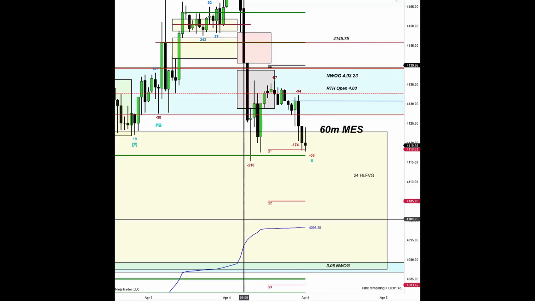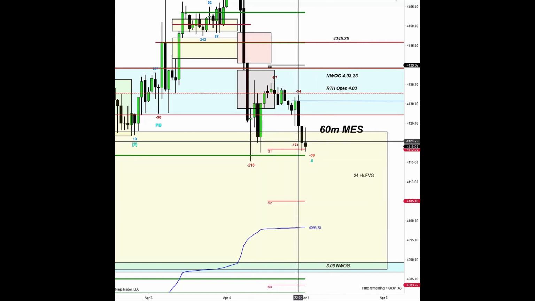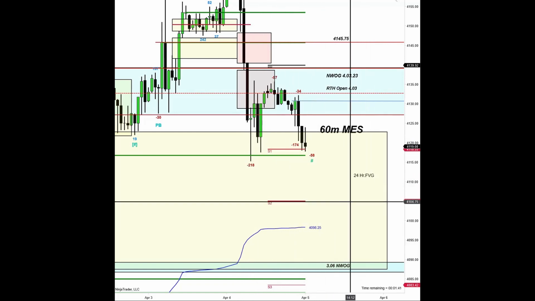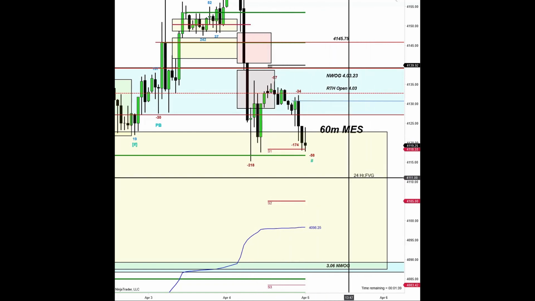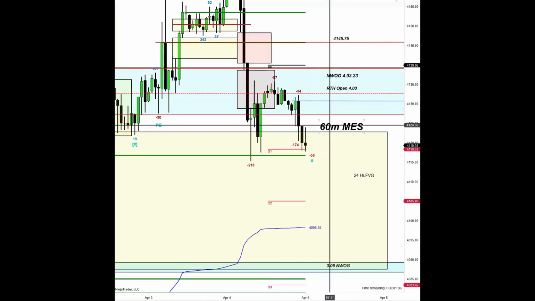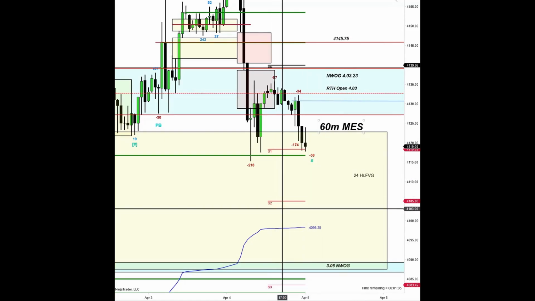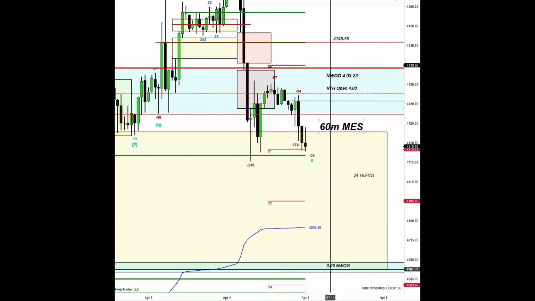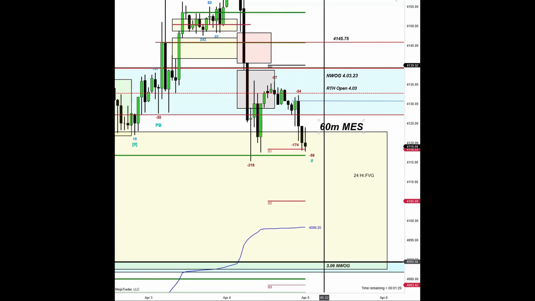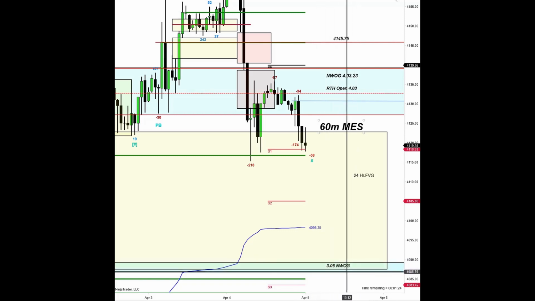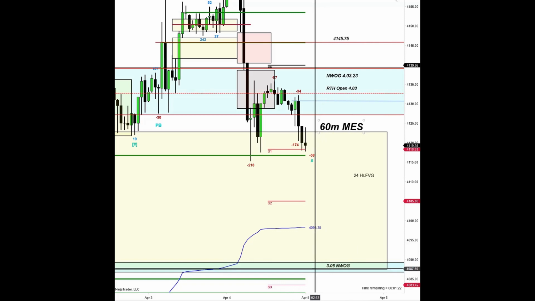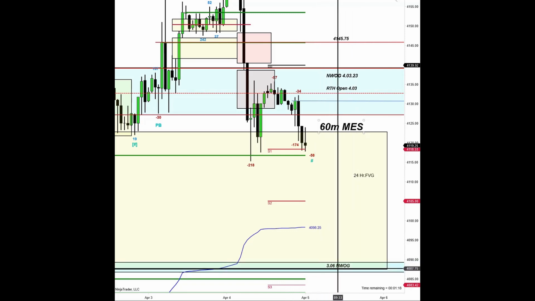Let's go to the next chart on the 60-minute. So my trade idea for the journal, I'm just transposing the 24-hour fair value gap I just showed onto the 60-minute. And notice my target, which was 87.89, goes into this new week open gap. And again, I'm looking for that to be a price magnet this week, and that is the March 6 new week open gap.